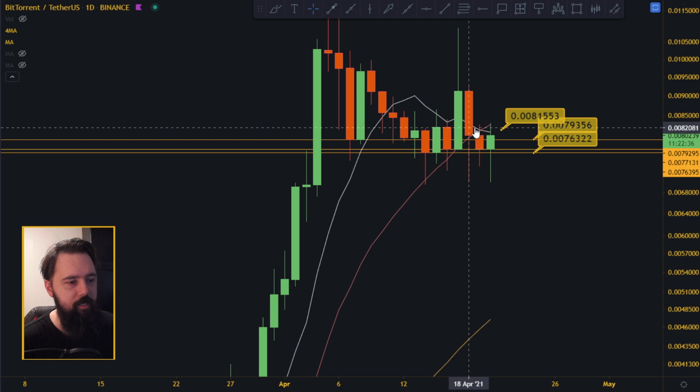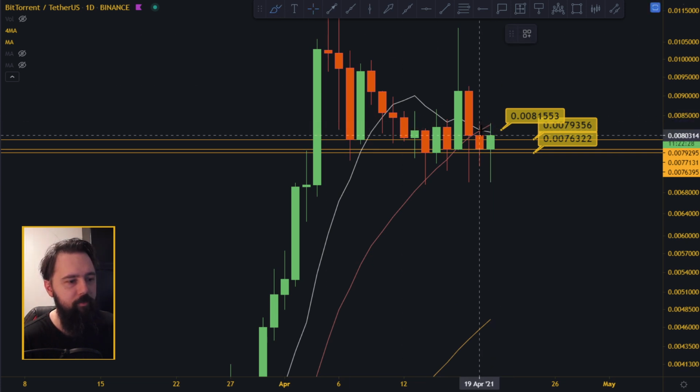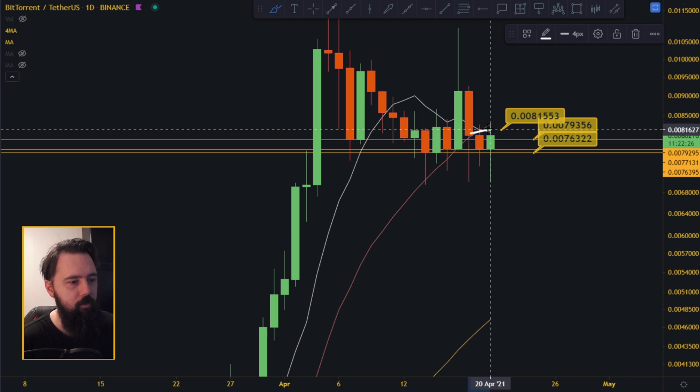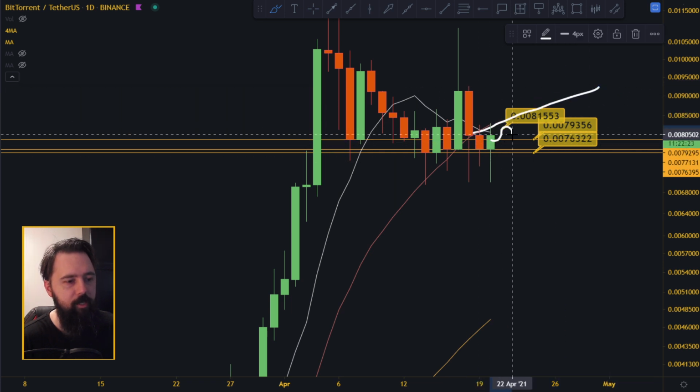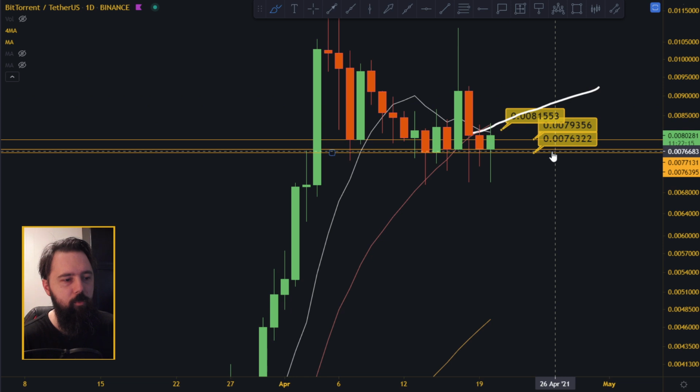Right now this 10 moving average will try to push the price down, but if we can get above the 10 moving average, then the 20 moving average will just go a little bit up like this, and then we can slowly follow the 20 moving average, even though the 10 moving average is below us, and after a while we can actually get the bounce that we need.